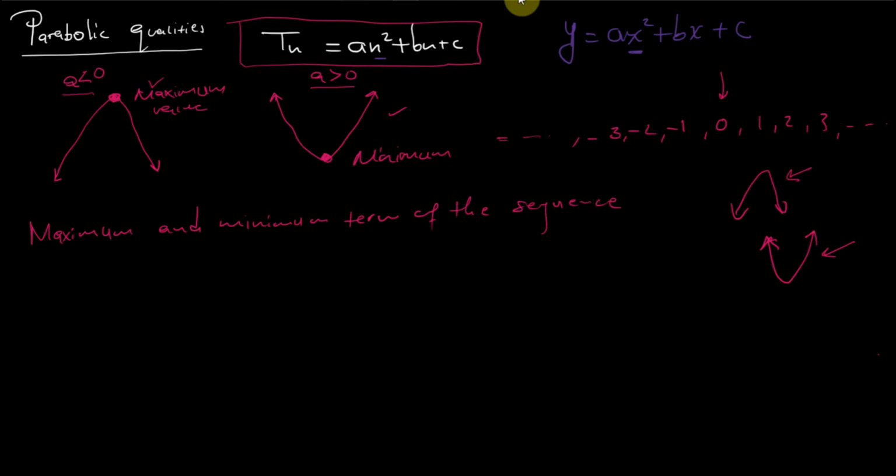And you can use parabola rules to find the terms. For example, you remember that in a parabola you have the axis of symmetry, which is x equals negative b over 2a. So here you have n equals negative b over 2a. This is to find the term at a turning point.